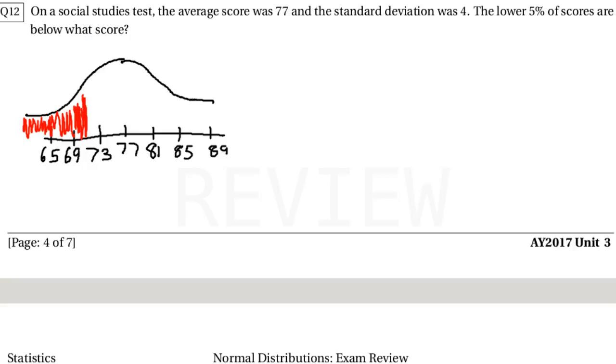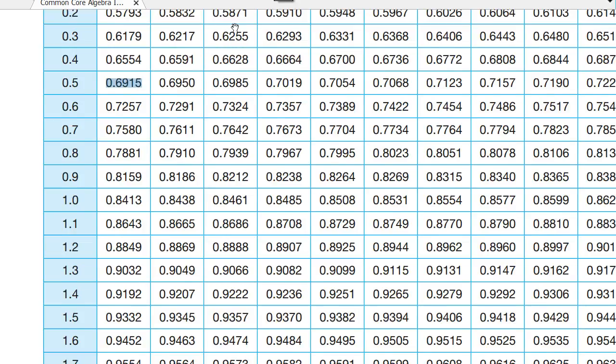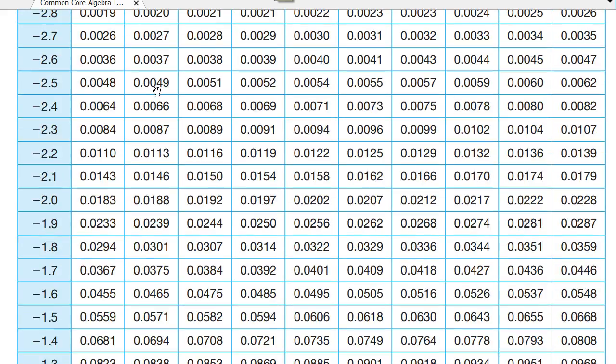Okay, so let's see. If I come over to my z-score table, I know I'm going to need negative scores, and I need 5%. Well, right now, 5%, best guess that I have, if I take a look at these numbers right here, notice the .0049 or .0051 are my best guess.